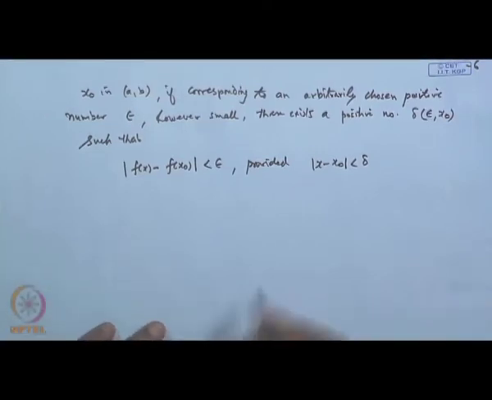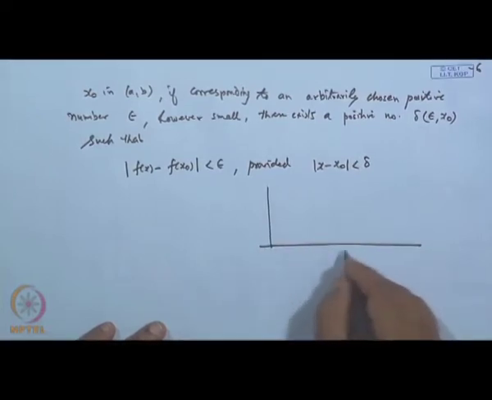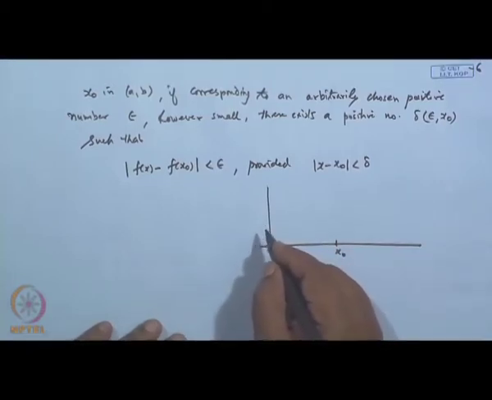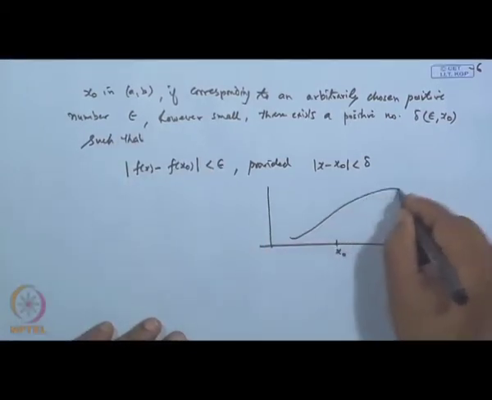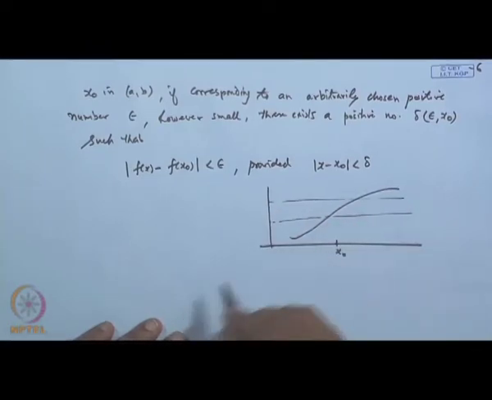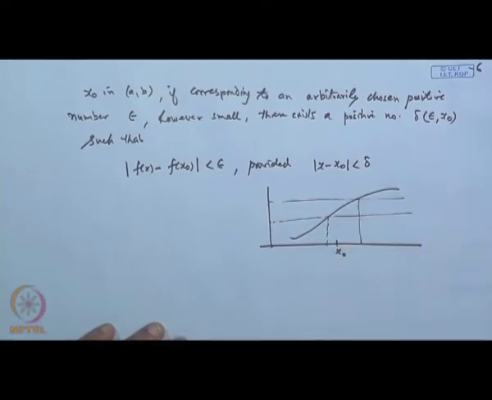It means what? The meaning is this: a function f is continuous at a point x naught if, corresponding to an assigned arbitrarily chosen positive number epsilon, there exists a delta, depending on epsilon, such that this condition holds.